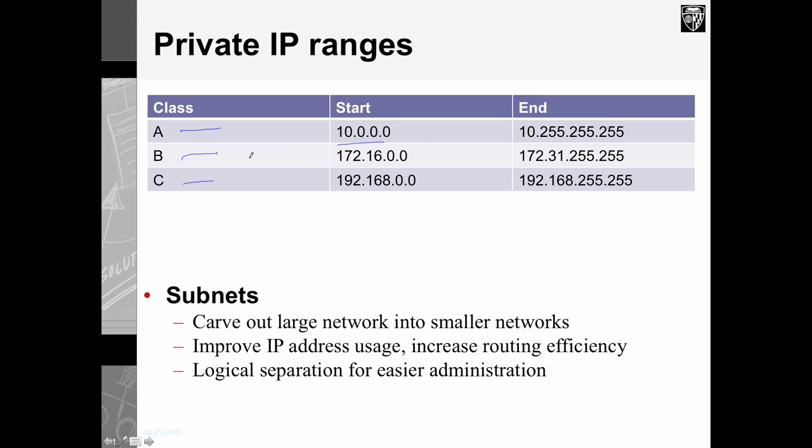The Class B address range is 172.16.0.0 to 172.31.255.255. And the Class C range is 192.168.0.0 to 192.168.255.255. So when you say private IP addresses, these are the IP addresses that we can use in our own network.